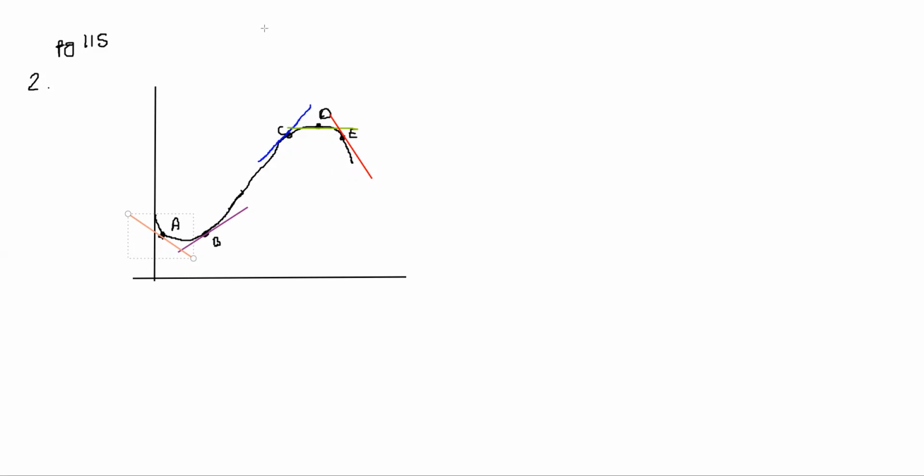Next, what would you do? Which of these points have both negative? Well, we know D is 0, so that would rule out where it's positive.